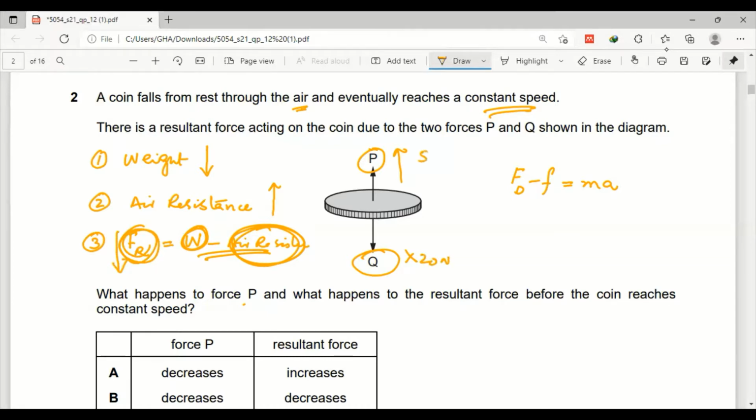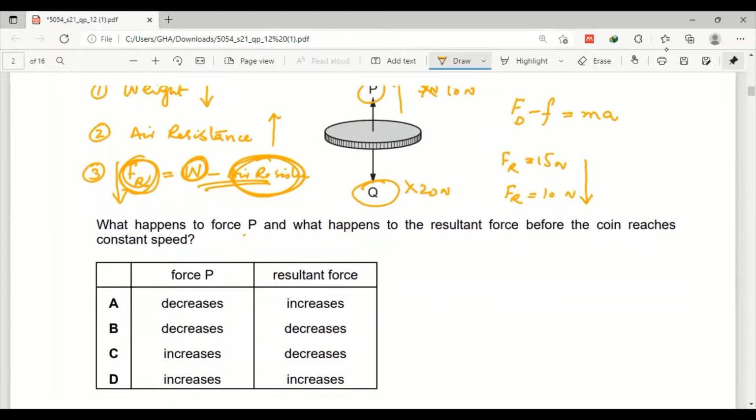Initially, the air resistance is 5. So the resultant force is the difference, 20 minus 5, 15. When this air resistance becomes 10 Newton, then the resultant force becomes 20 minus 10, it's 10 Newton. Look, the resultant force is decreasing.